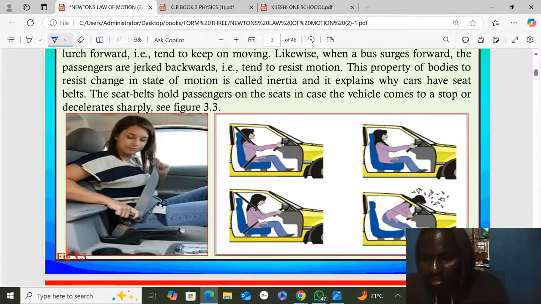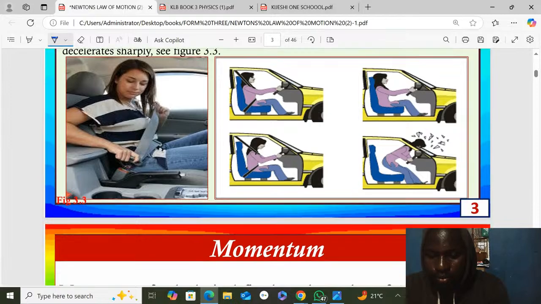And if the car comes to a sudden stop, then the person will move forward to resist the sudden stop. Then now we can continue.